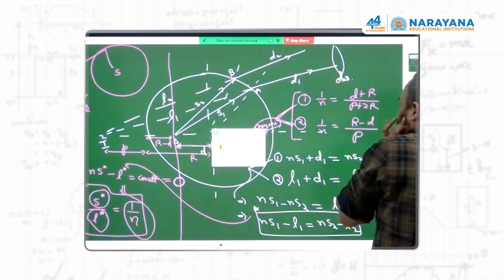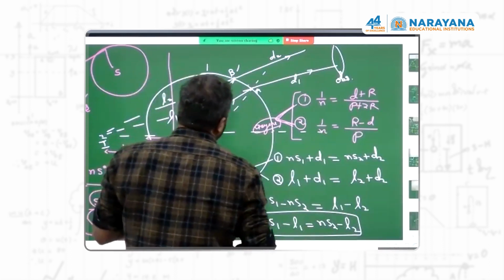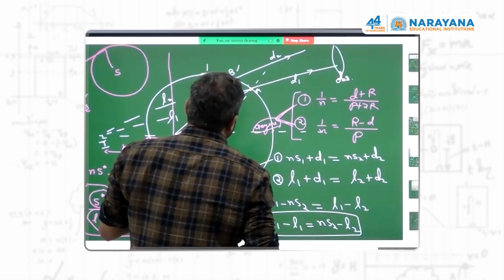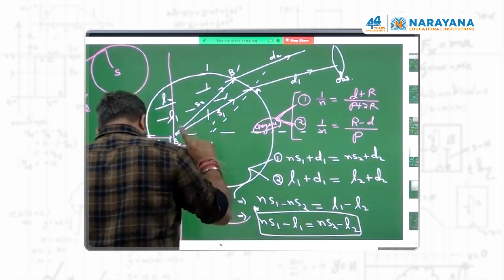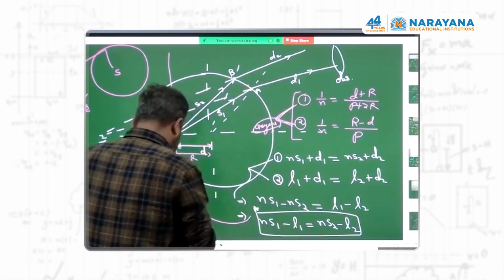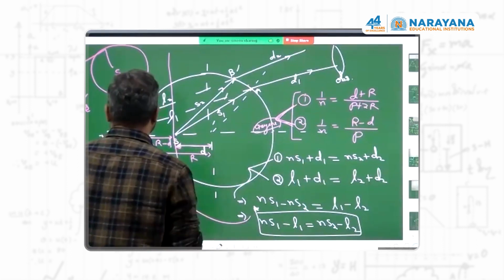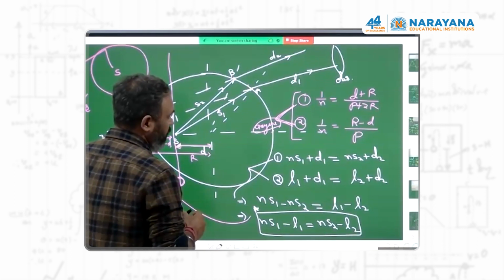Very nice idea-based problem. And the same thing which you have written here can be analyzed again by geometry through Snell's law also. Maybe in the next class, I'll try to analyze this problem by method 2 also for all of you.